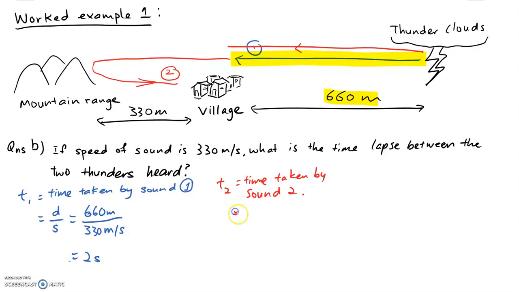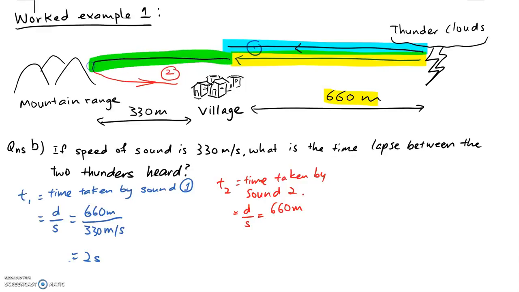So the total distance traveled by the second sound is 660 meters on the first part, as you can see under the light blue highlight. This is the first part until it reaches the village, and it continues to move beyond the village. The part that it continues to move beyond the village will be in green.